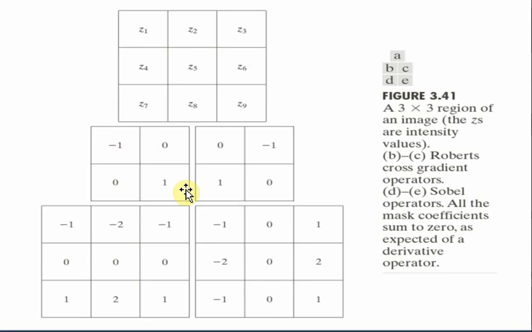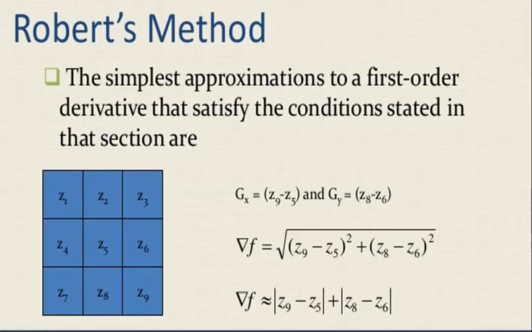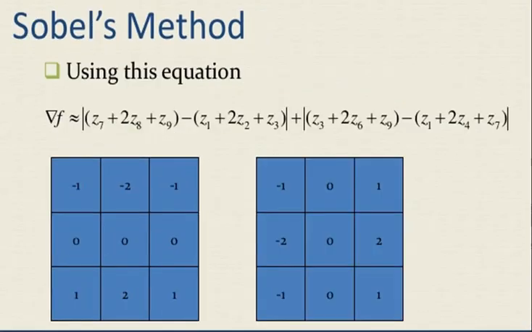To avoid that ambiguity, we go from the 2 by 2 size to 3 by 3. Now this is the center position. So to avoid this ambiguity, we take Sobel's method and also Prewitt's method. We will discuss this again in image segmentation.